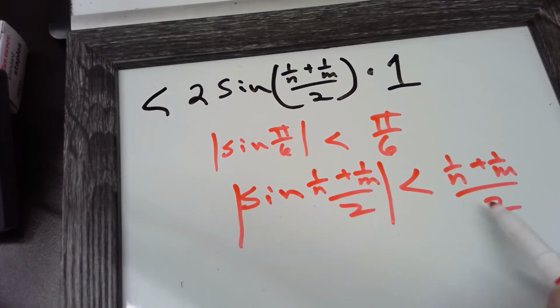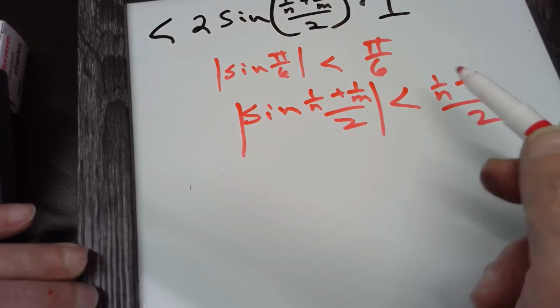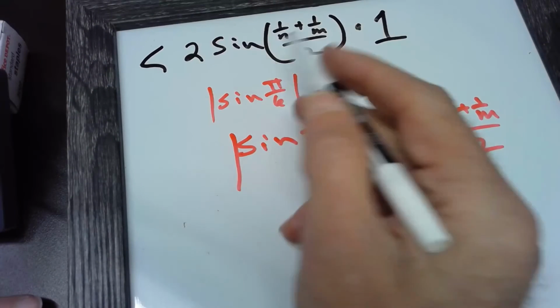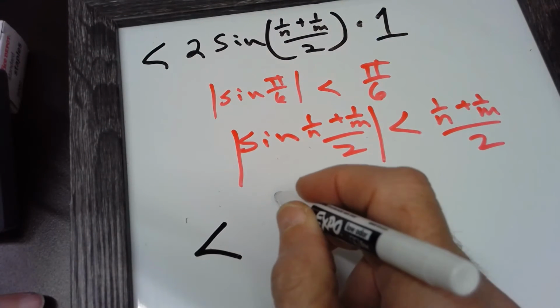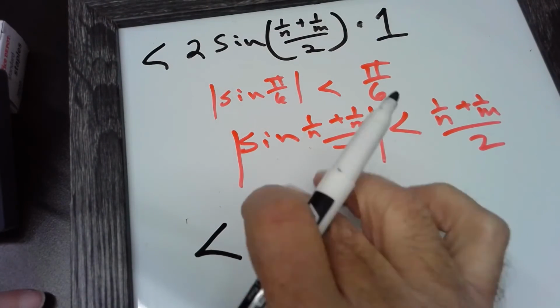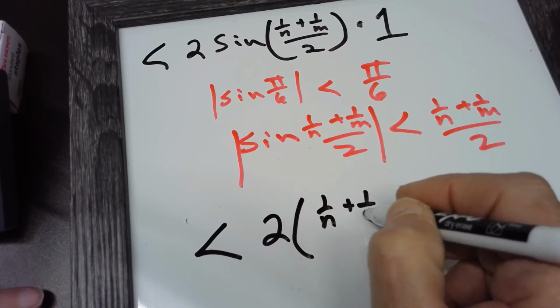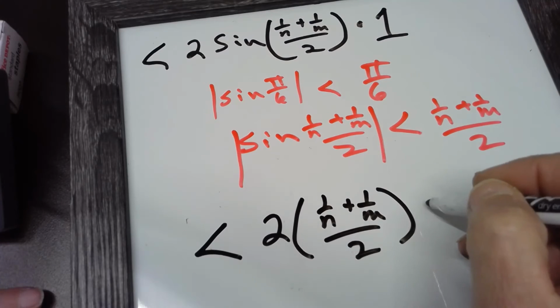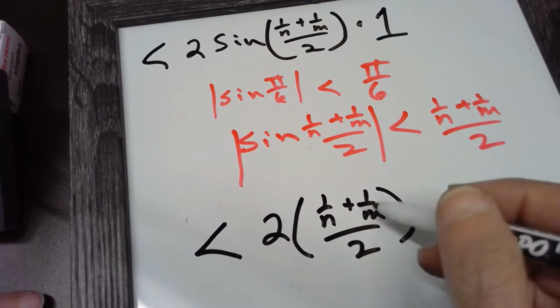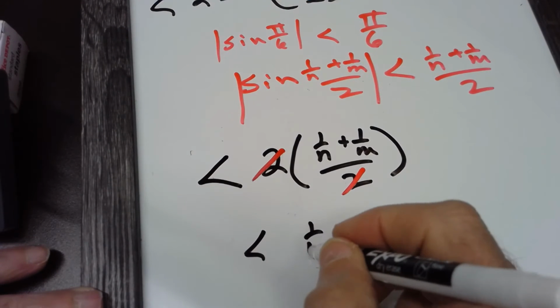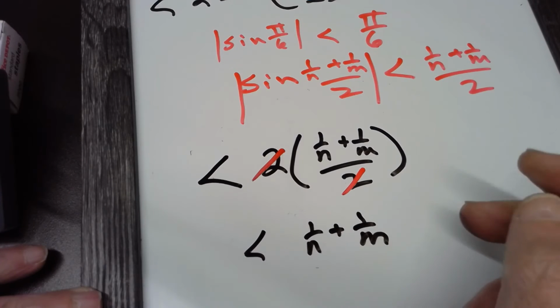So this expression here is less than 2 times (1 over n plus 1 over m) over 2 times 1. We can drop the 1 now, and the 2's cancel out, and so we get here 1 over n plus 1 over m.